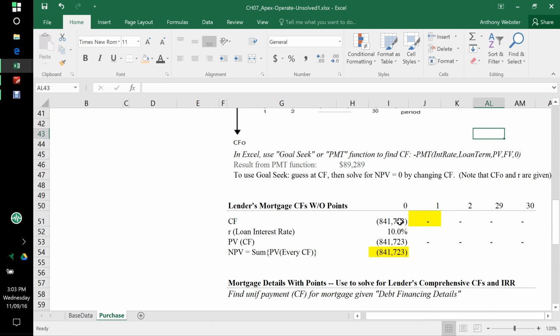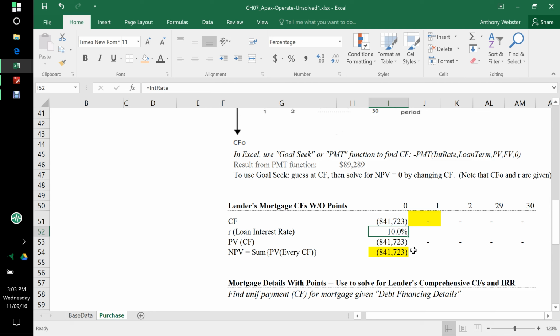And so at the beginning, at signing, from the mortgage lender's perspective, we have minus 841,000 and change going out the door. We know the interest rate that she's charging is 10%.